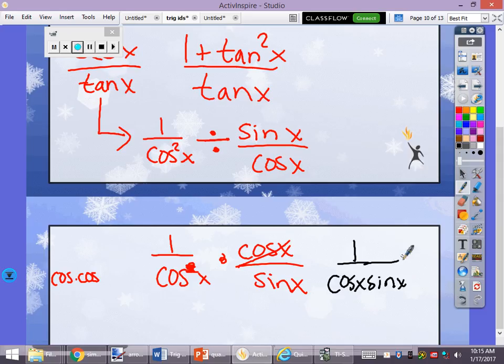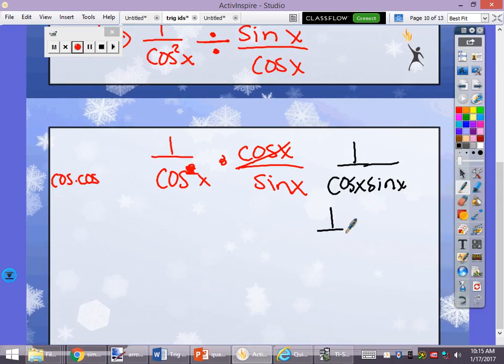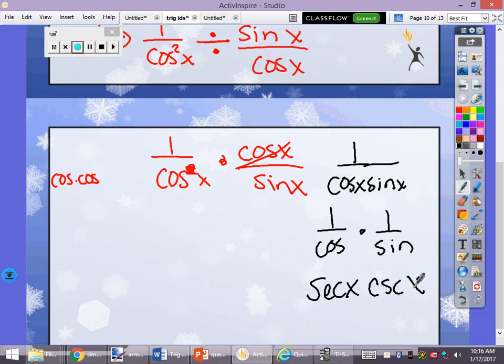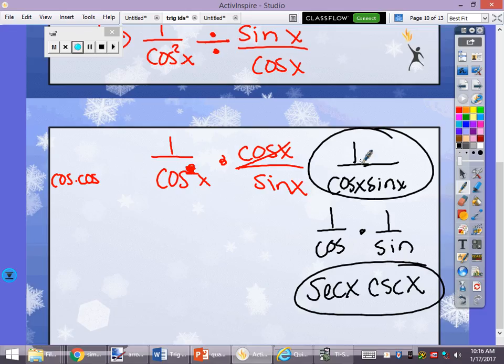Or, when it's multiplication, you can split it up. So you can split it into 1 over cosine times 1 over sine, which is secant x cosecant x. I would prefer this. This is okay. No, you either want this or this because this is a little expanded.